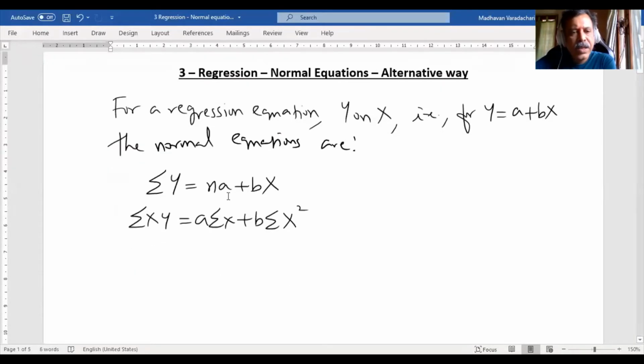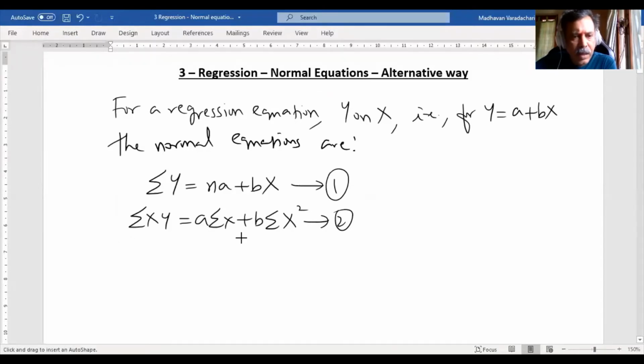We arrived at these equations using partial differentiation and the maxima minima principle of differential calculus. Instead, we will also see an alternative way of arriving at these two equations. Let me call these equation 1 and equation 2. Now let us go back to this equation y equal to a plus bx.